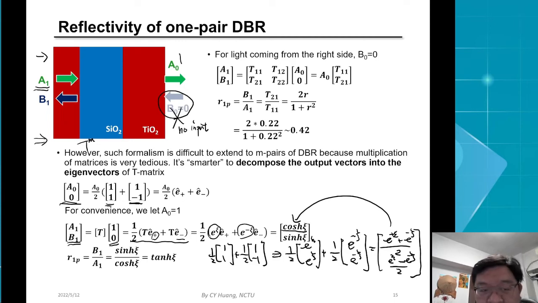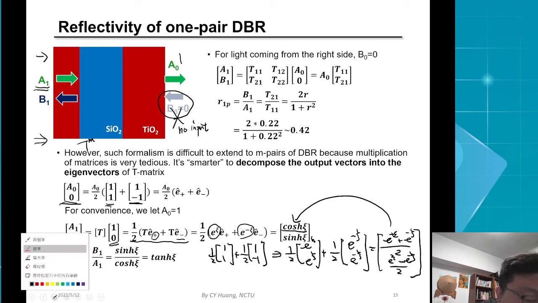Since there is no input from the right hand side, the ratio between B1 and A1 is the reflectivity. Because in the output of the left hand side, there will be no contribution from the right side, so the power is totally from the input of the left hand side.